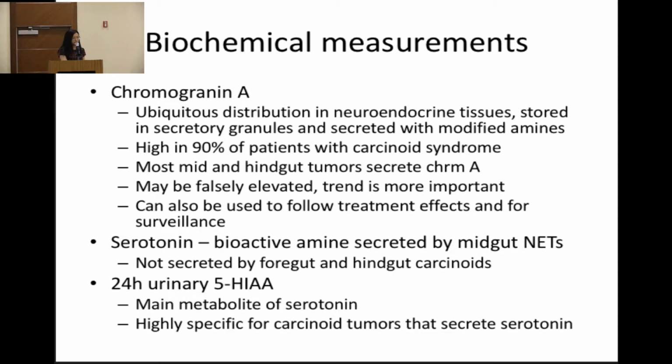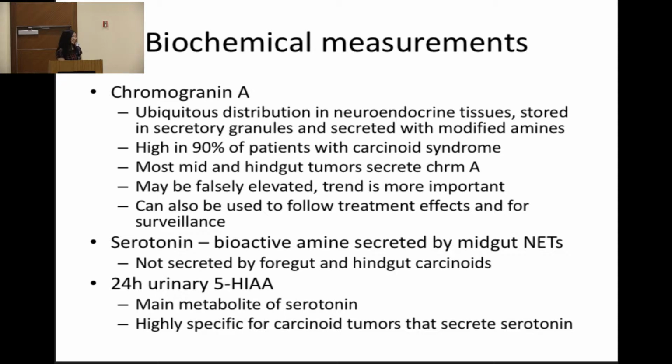It's stored in secretory granules and gets released by the neuroendocrine cells, so it's a useful marker to detect neuroendocrine neoplasms. It's elevated in over 90% of patients with known carcinoid syndrome, so it's pretty sensitive. Most midgut and hindgut NETs release chromogranin A, but not foregut. Well, it can be released by foregut NETs, but more likely with midgut and hindgut.